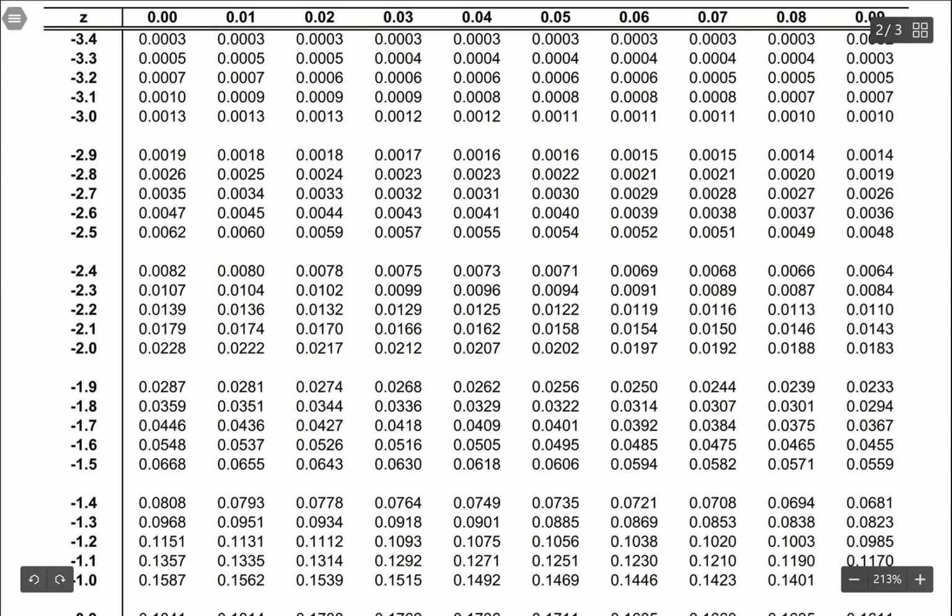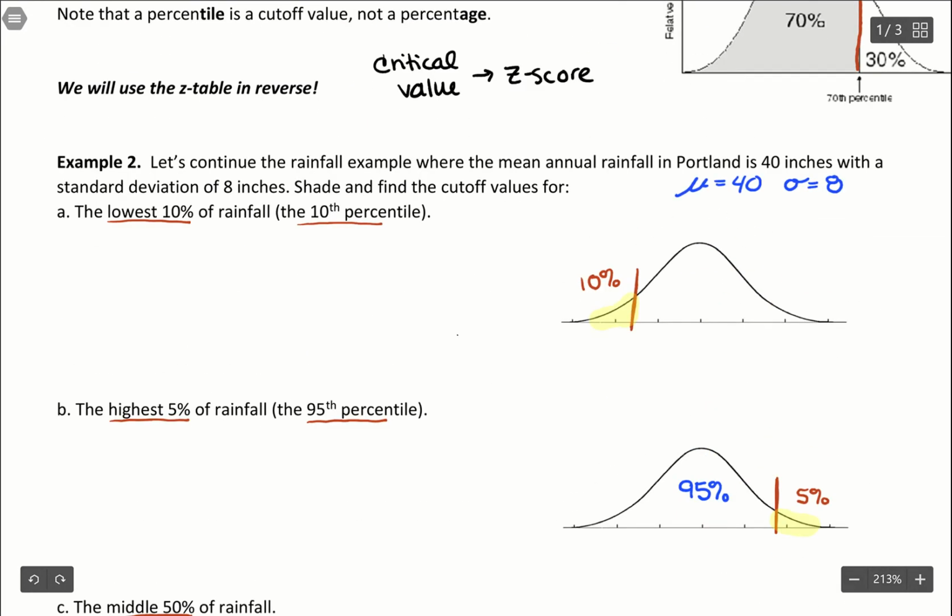With this first case, they tell us that we have this area to the left. So we have the lowest 10%, and on the table, that would show up as 0.1000.